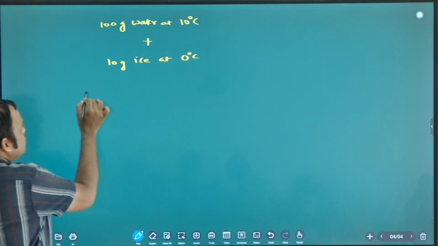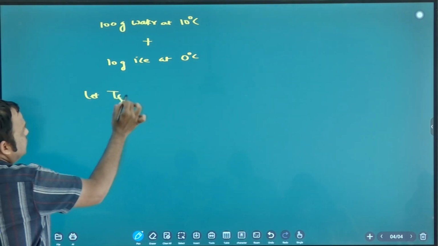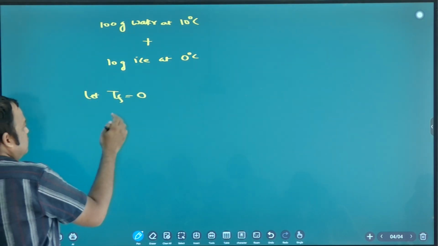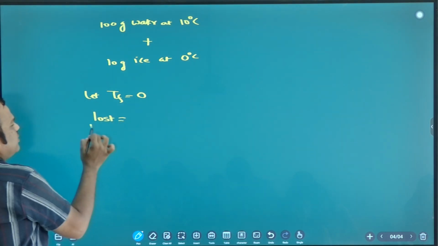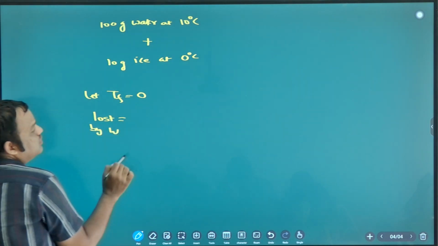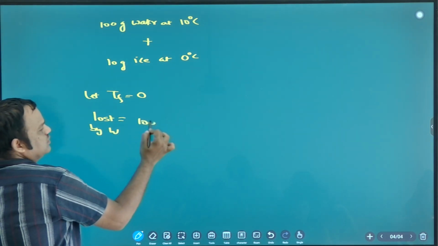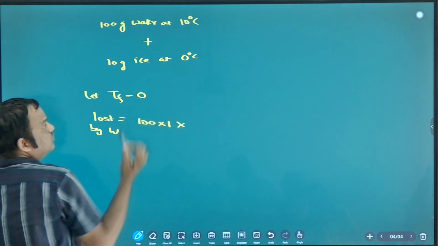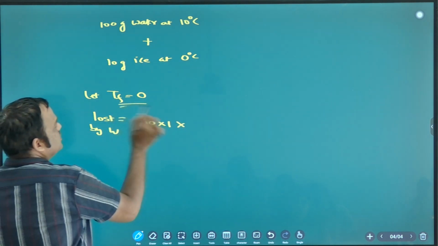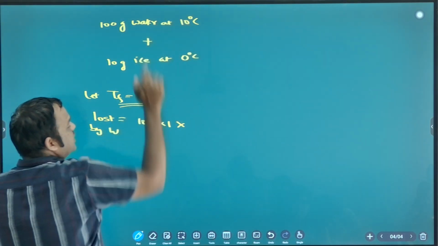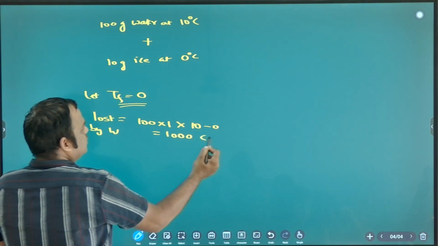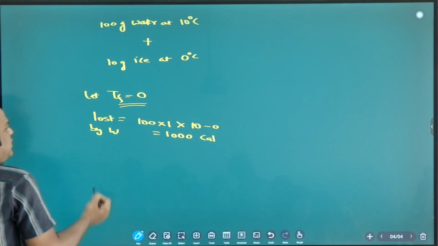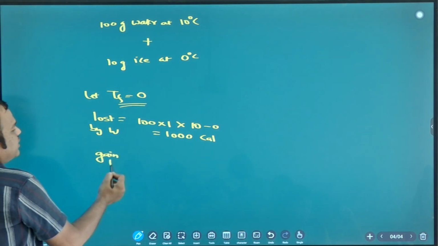So suppose you assume T final is 0. Let's check. So what is the heat lost by water? 100, 1. What is delta T? Final 0. For water, what is delta T? 10 minus 0. So how much heat lost by water? 1000 calorie.